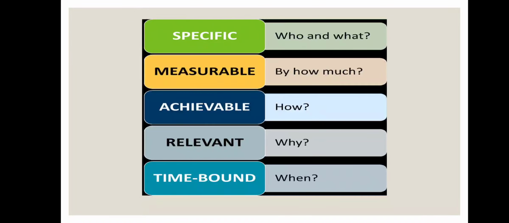The specific component clearly defines what needs to be achieved. Under measurable, we quantify goals and track progress toward achieving them. Then the third one is achievable, or we can say attainable.